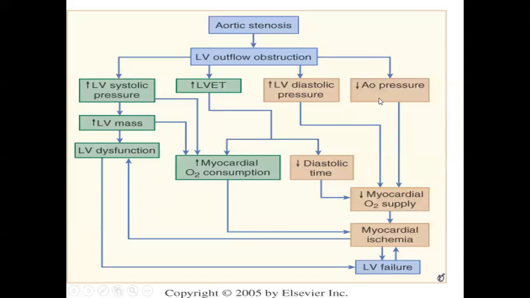The aortic pressure will be decreased because, below the aortic valve, in the ventricle, there will be increased pressure, while the aortic pressure itself will be low because the valve is near its nose. So these mechanisms will lead to increased LV mass and LV dysfunction.